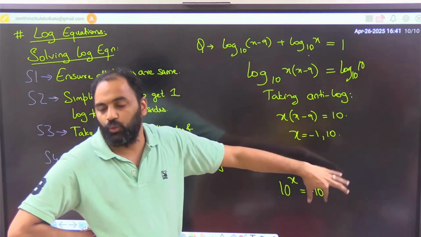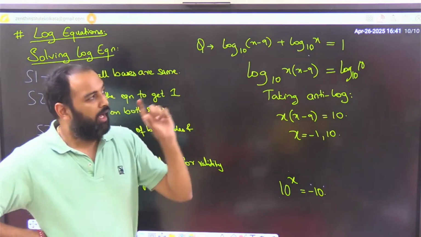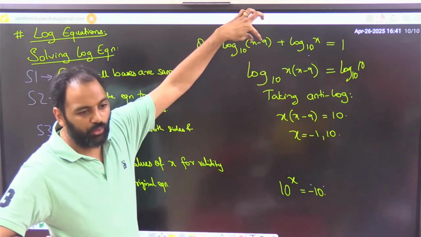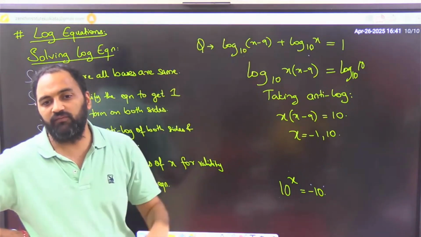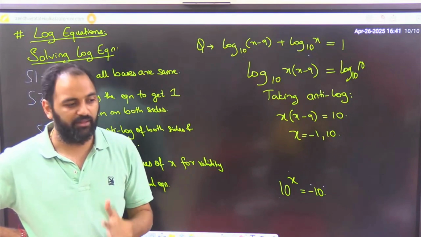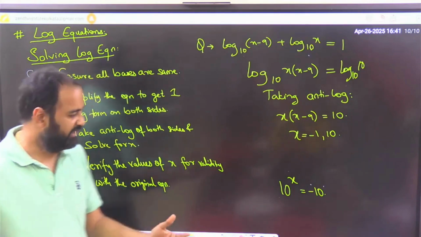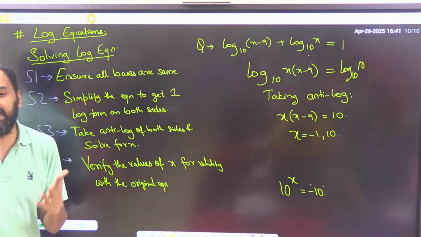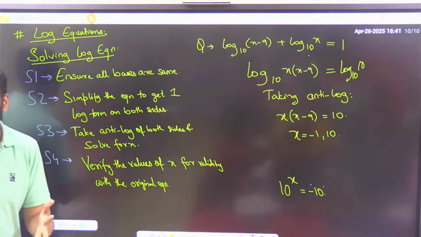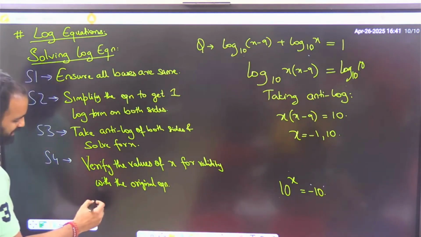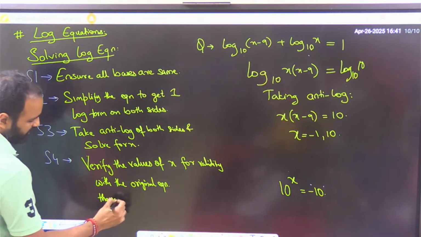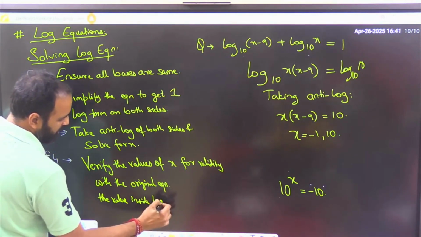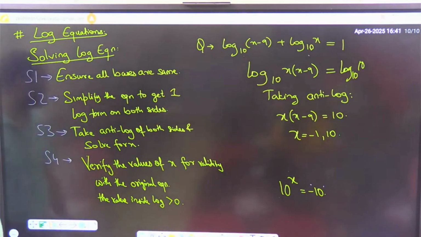So that means that whenever we have a log, the value inside the log must always be a positive number. When we say that we have to check for validity, what do we need to check? We have to check that the value inside the log is positive.